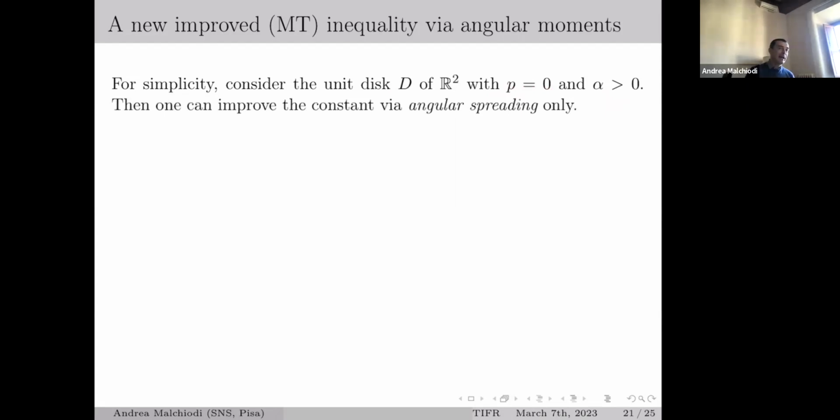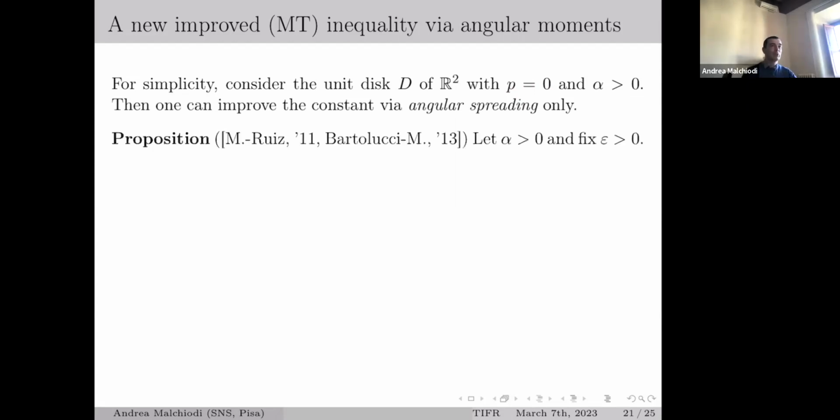The catch is that you can improve the Moser-Trudinger inequality not only by assuming macroscopic spreading of the volume, but also via the angular distribution of the volume. Here is the proposition, which is proved in two joint works with Ruiz and Bartolucci.